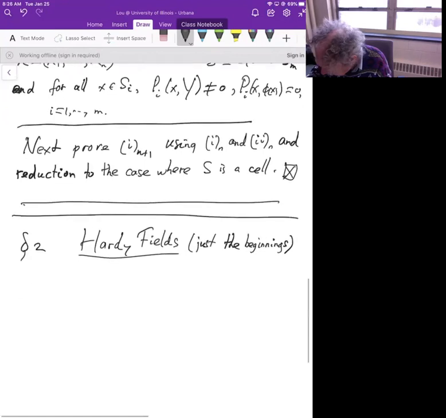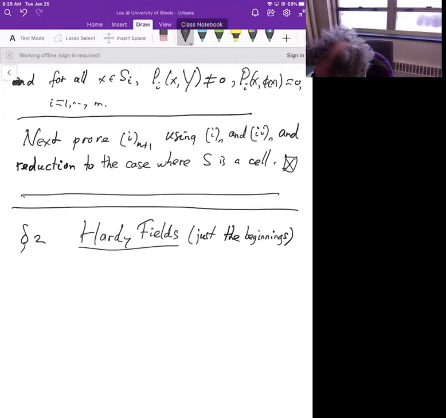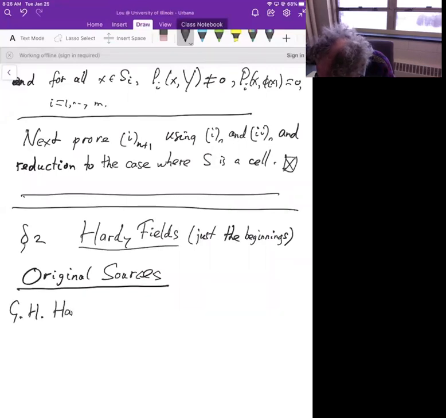And I want to mention a few original sources for this whole topic, especially for the topics in this section. Original sources. Well, of course we should start with Hardy, not surprisingly. He tried to make sense of what Du Bois-Reymond had claimed, which was not a trivial thing to do.